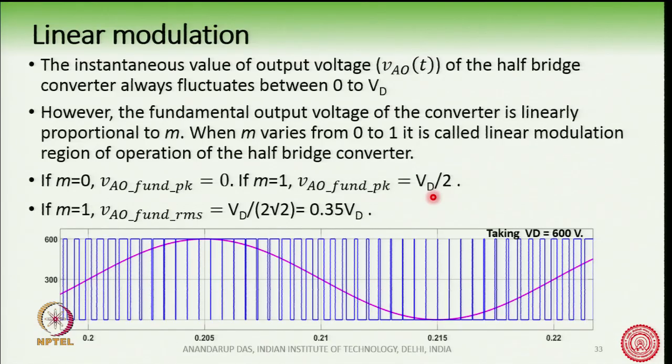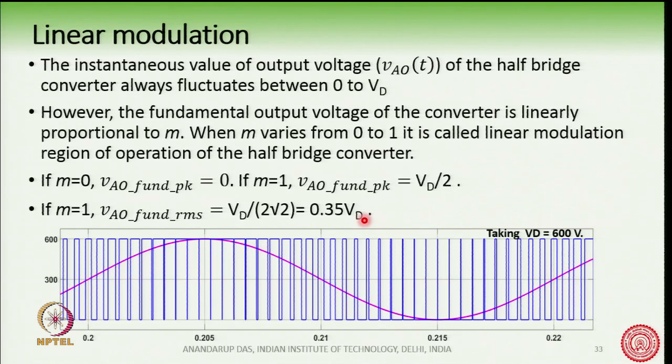Okay. So, if m is equal to 1, the fundamental RMS voltage in VAO is Vd by 2 root 2, 1 by root 2 of the previous value, and that will be equal to almost 0.35 Vd.